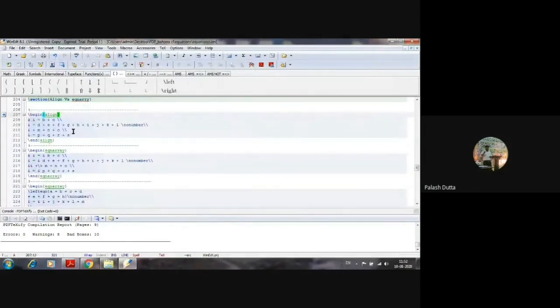We are discussing align versus eqnarray. We are writing begin align, then in between this alignment we are writing a n equal to b plus c, first equation.